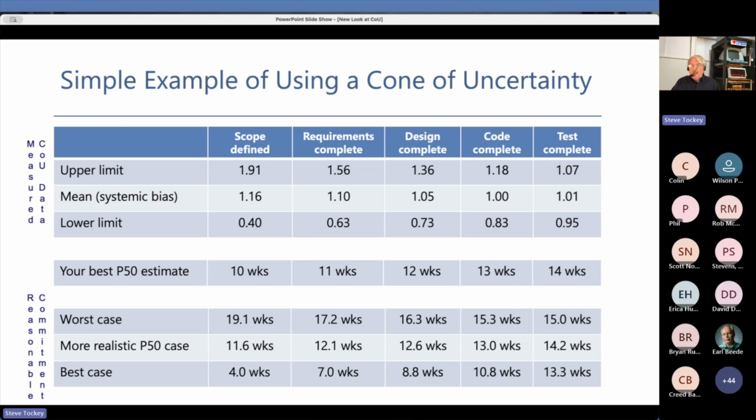Okay. Now let's just say that in the end, it actually took 14.4 weeks. And what I'm showing here is the 10, 11, 12, 13, 14, actual 14.4. That becomes another block of data that we feed back into the next time we update the cone of uncertainty calculations.